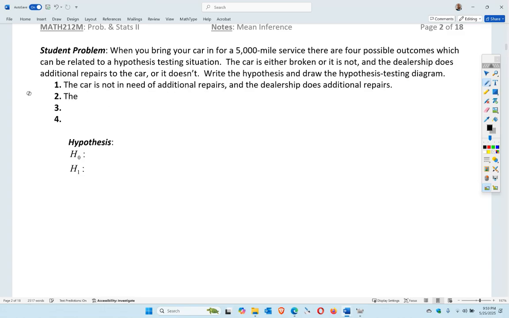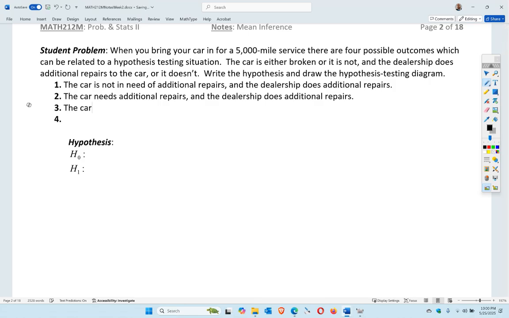Versus you could have the car needs additional repairs, and the dealership does additional repairs. That's what should happen, right? You rejected the null hypothesis and you actually did it. That's okay.